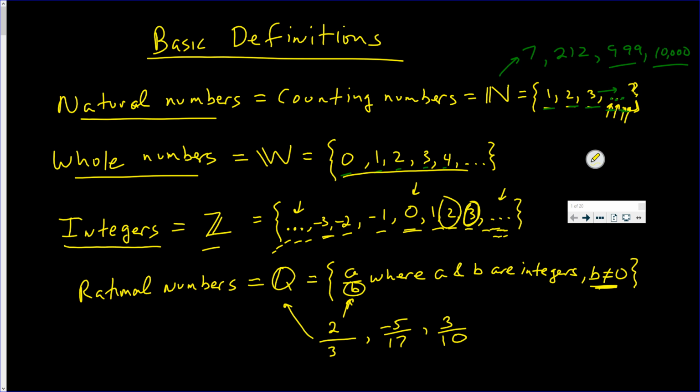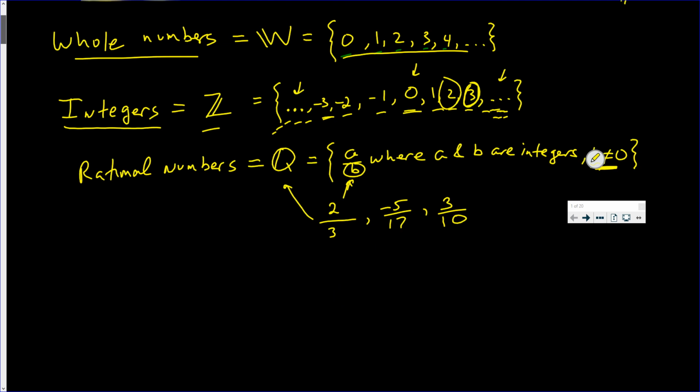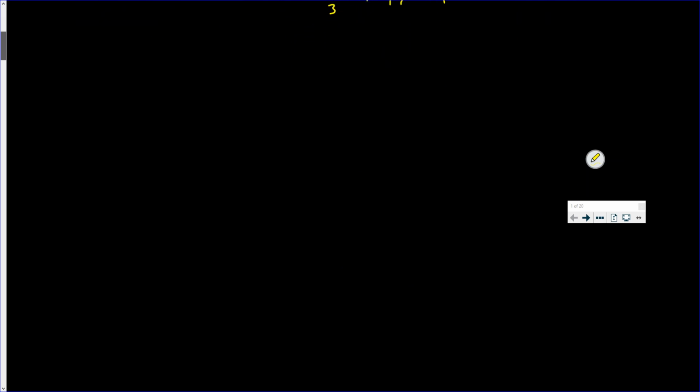Now, let's play some true-false games. So let's have this set in front of us. The natural numbers are the counting numbers. The whole numbers: there's 0 and 1 and 2 and 3 forever.